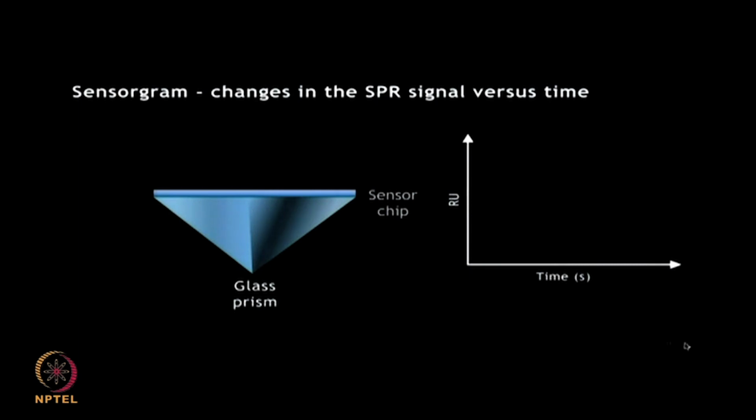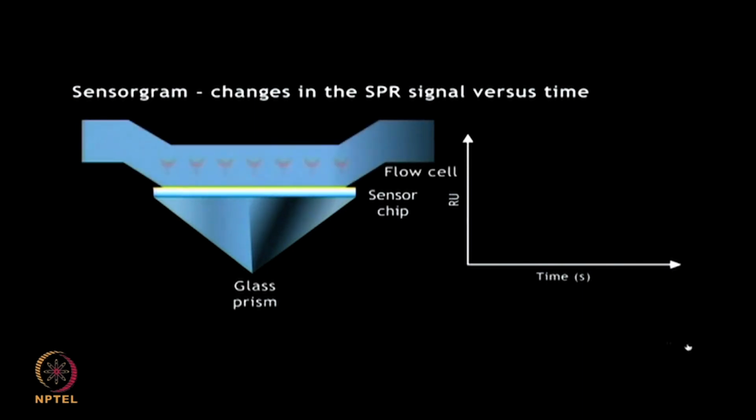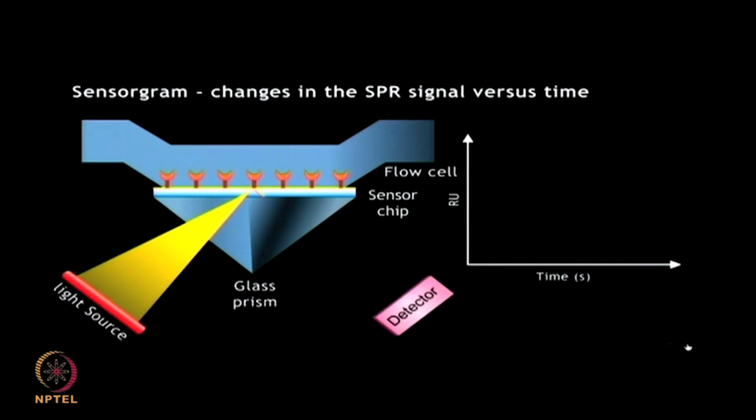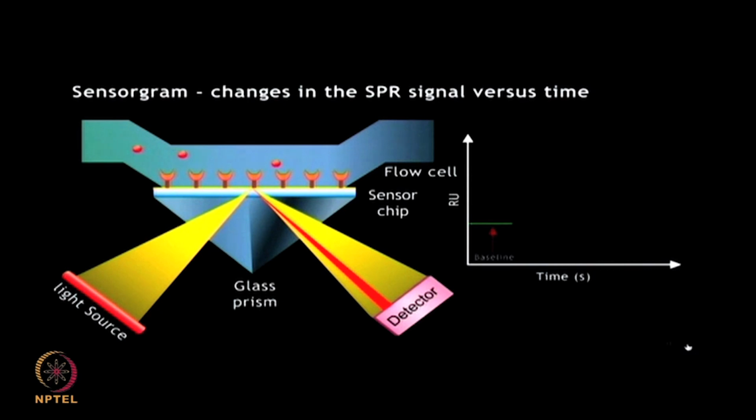Initially, the running buffer is added onto the SPR chip. So, in the animation, the prism, light source, gold slide and immobilized antibodies are shown. When the running buffer is added onto the SPR chip containing printed antibodies, initially the baseline is straight.